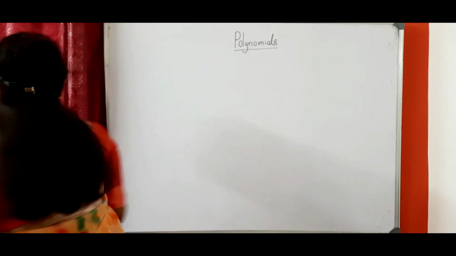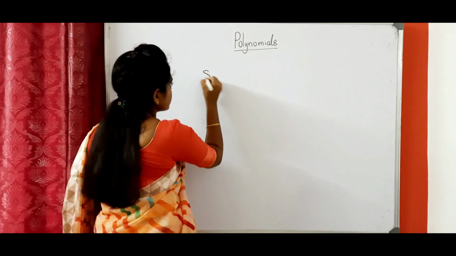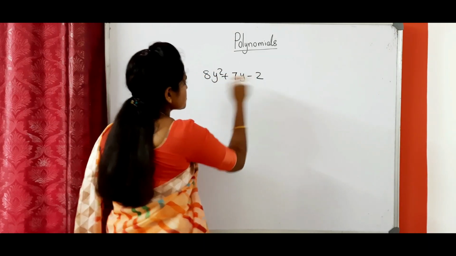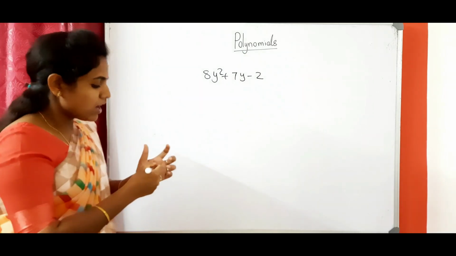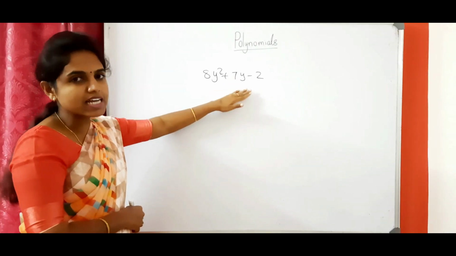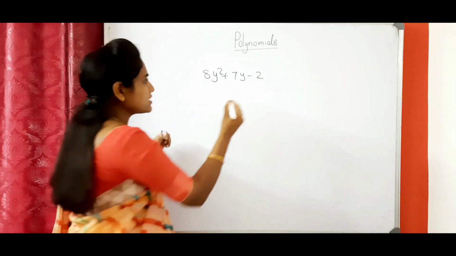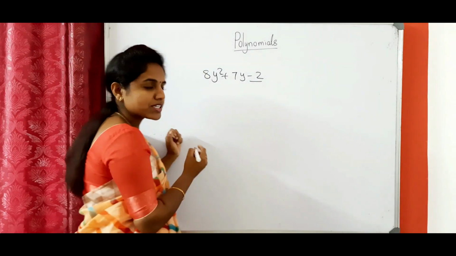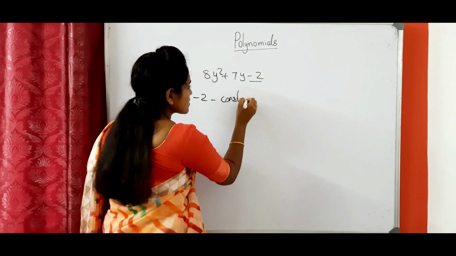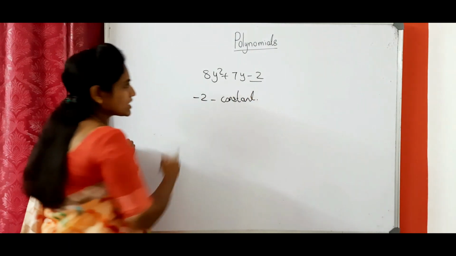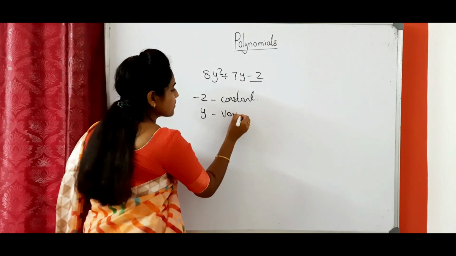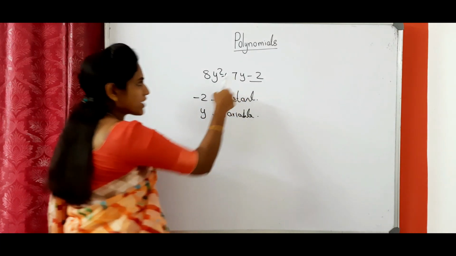Suppose I am taking one algebraic expression, 8y² + 7y - 2. This is an algebraic expression. Why? More than two terms connected by an additive symbol. Here -2 is called a constant. What is the variable? y is the variable.